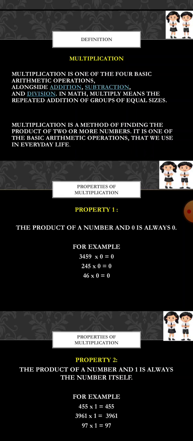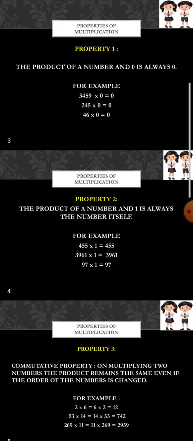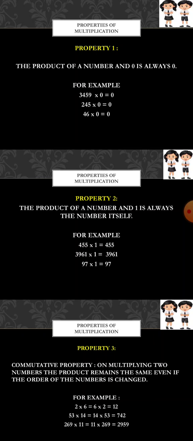Now for multiplication, we should also have the knowledge of properties of multiplication. Properties help us to understand the basics of multiplication, and hence learning becomes easier. There are four basic properties of multiplication.